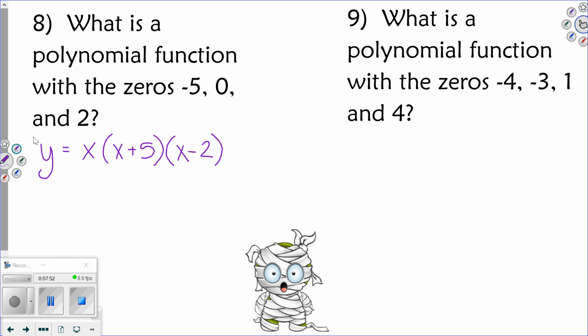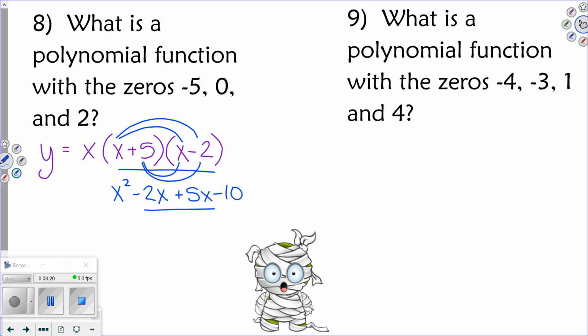All right, and then what do we have to do? We just got to multiply. Again, personally, I start with the back 2. Does not matter. That's just where I like to start. So x times x, x squared, x times negative 2, 5 times x, 5 times negative 2.